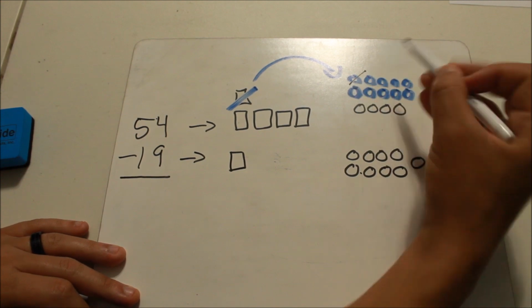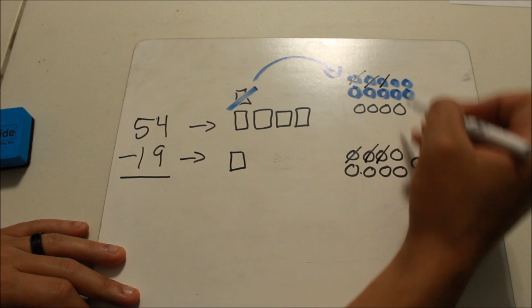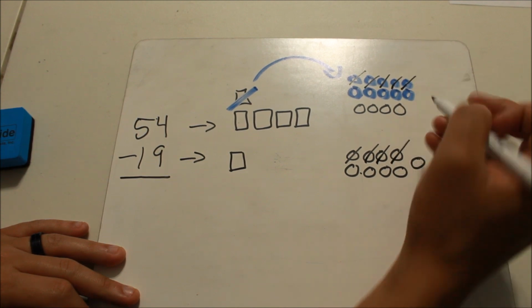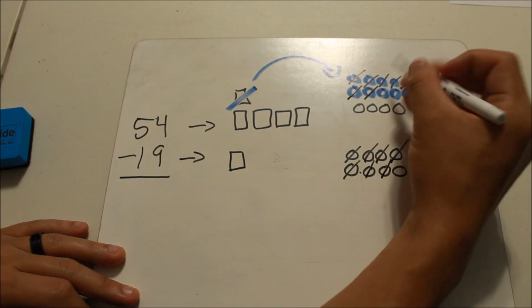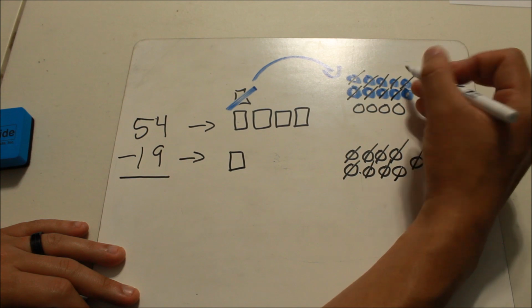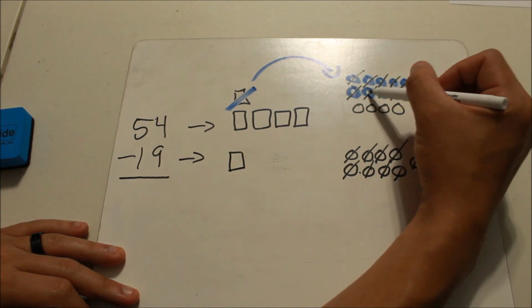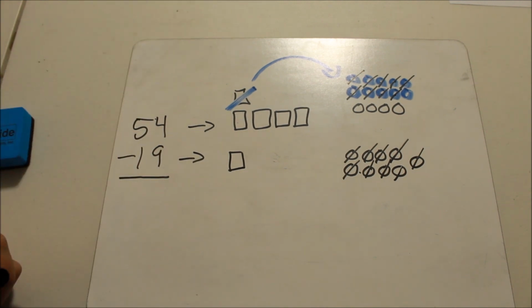So I go 1, 2, 3, up to 18. 1, 2, 3, 4, 5, 6, 7, 8, 9. So I have gotten rid of 9.